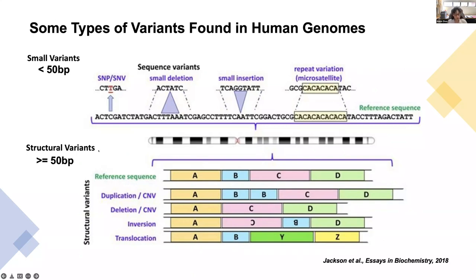And for large variations, usually larger than or equal to 50 base pairs, we call them structural variants. Compared to the reference genome, we have duplications, deletions, inversions, and translocations. And duplication and deletion are often called copy number variation, CNV. So these are widely studied in cancer genomes.